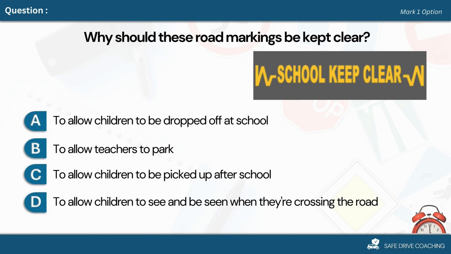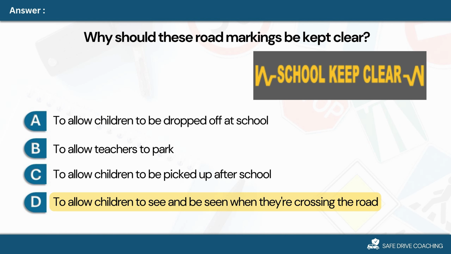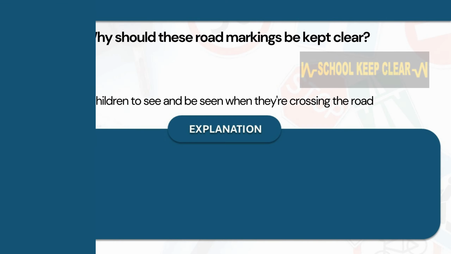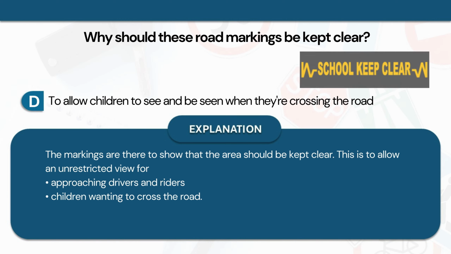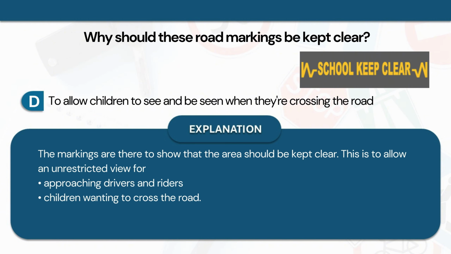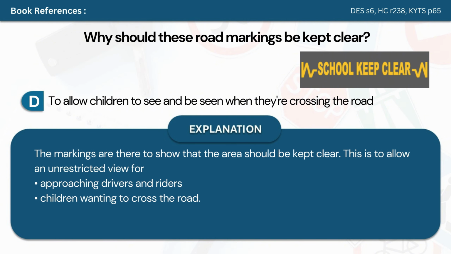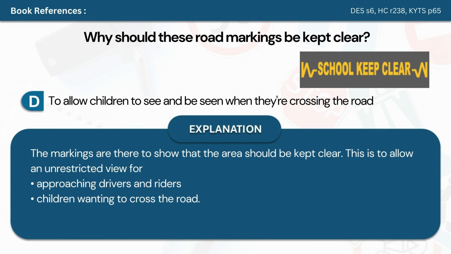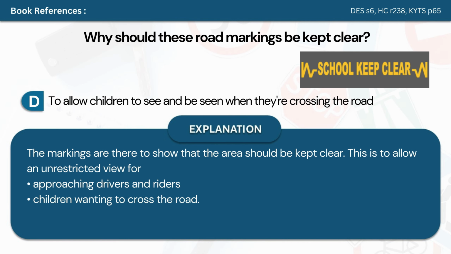The correct answer is D. The markings are there to show that the area should be kept clear. This is to allow an unrestricted view for approaching drivers and riders, and children wanting to cross the road.